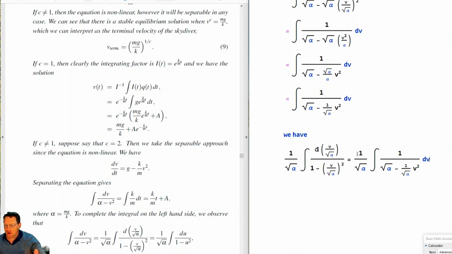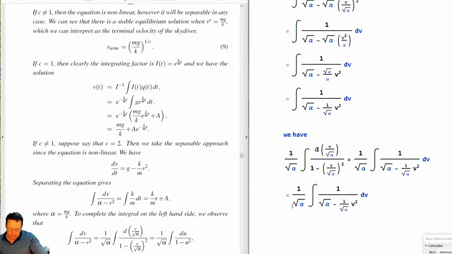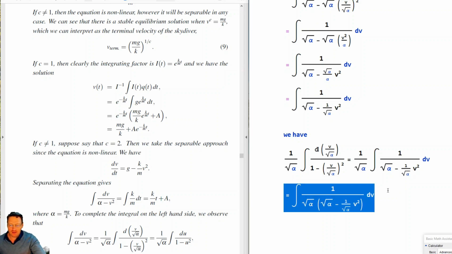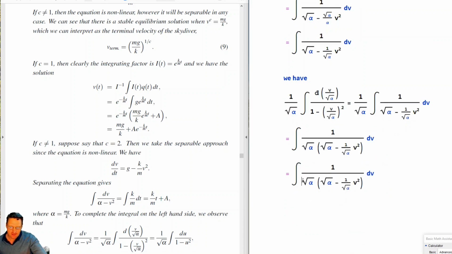So we can take that 1 on root alpha inside. So let's do that, which puts this here in the denominator. Okay, so we have this so far. All right, now I can multiply that root alpha in, which is what we want to do next. So we've got root alpha times root alpha, and then we've got root alpha over root alpha there, right?